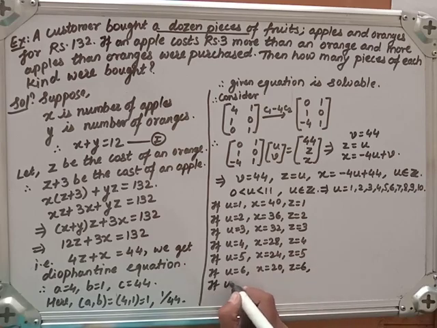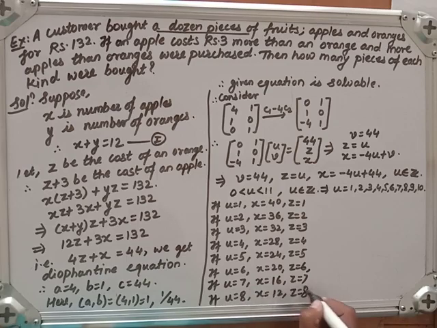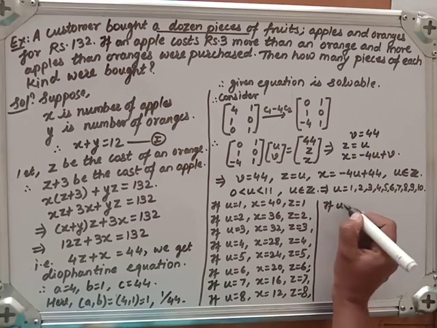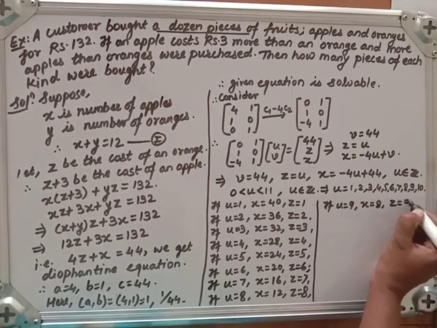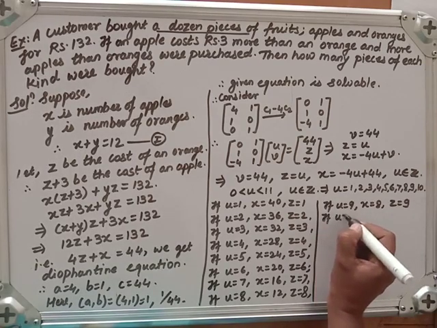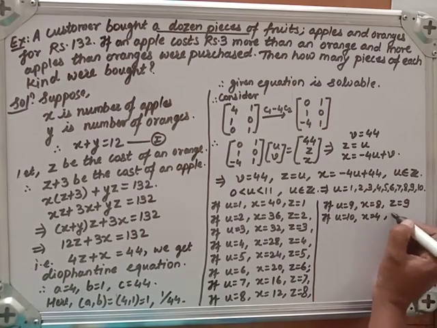If U is 7, x is 16 and z is 7. If U is 8, x is 12 and z is 8. If U is 9, x is 8 and z is 9. If U is 10, x will be 4 and z will be 10.